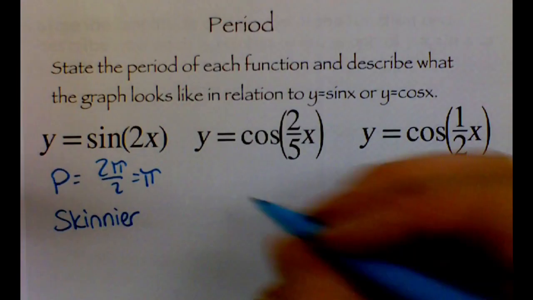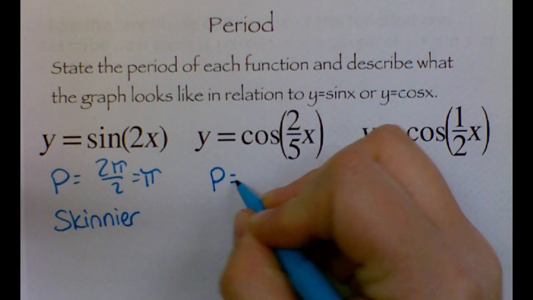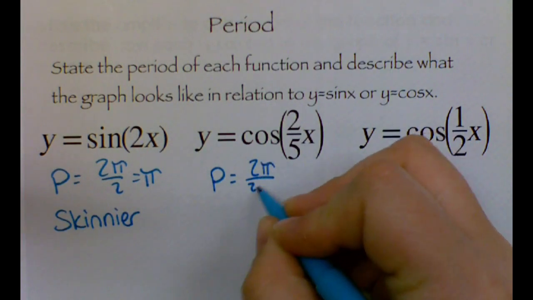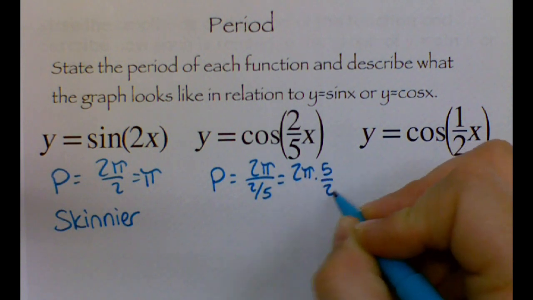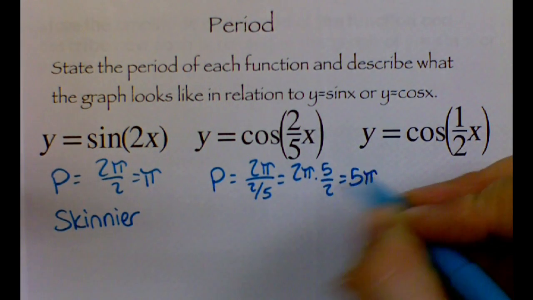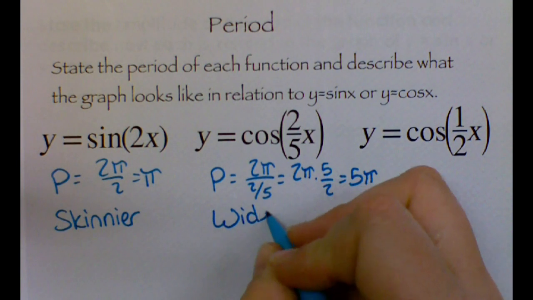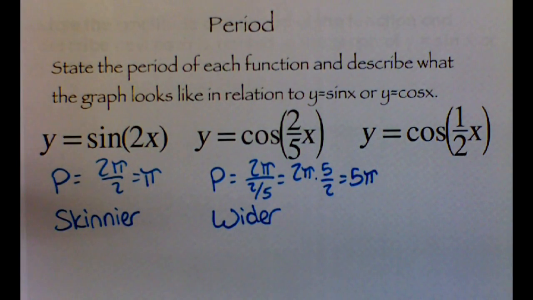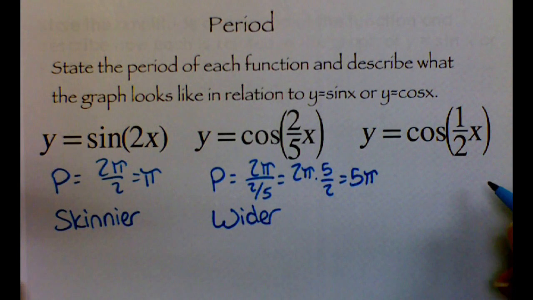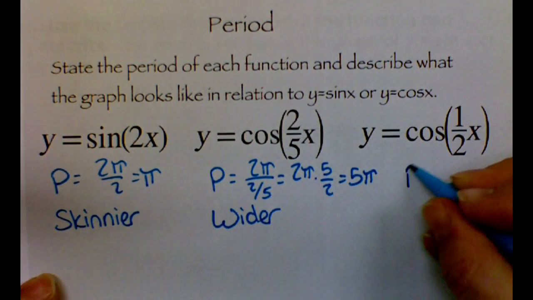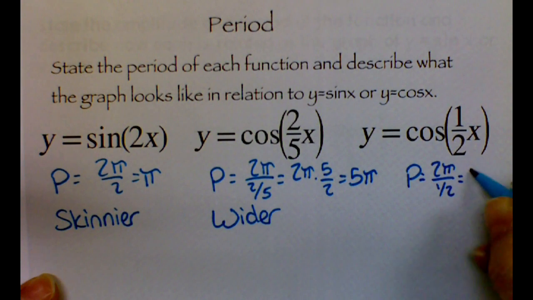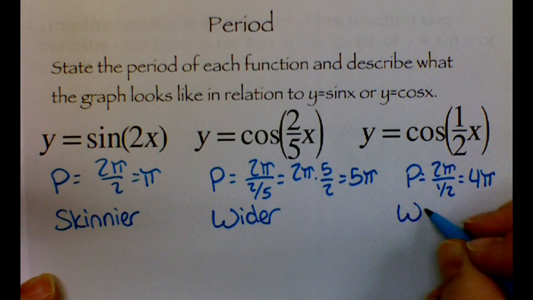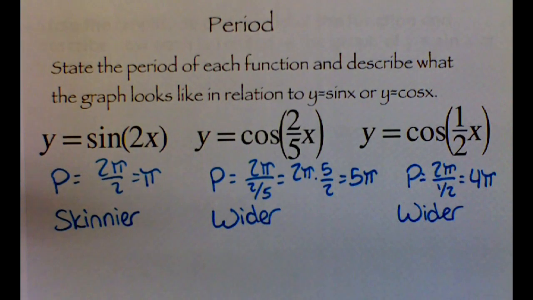Cosine of 2/5 x, the period is 2 pi over 2/5, which is 2 pi times 5 over 2, which is 5 pi. That means this one is wider. It repeats every 5 pi instead of every 2 pi. And cosine of 1/2 x, the period is 2 pi over 1/2, which is 4 pi. This one is also wider than regular cosine of x.